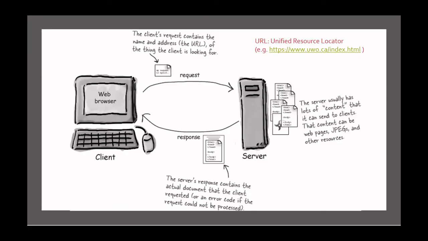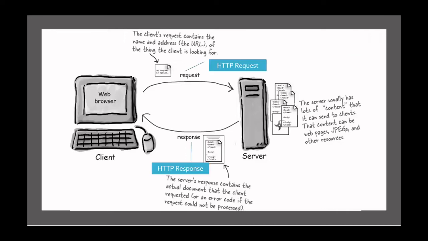Now, how does that communication work? So a client like the web browser knows how to create a request, and the server receives that request and knows how to create a response. And how do they make sure that the request and the response are well understood? When they follow the protocol.